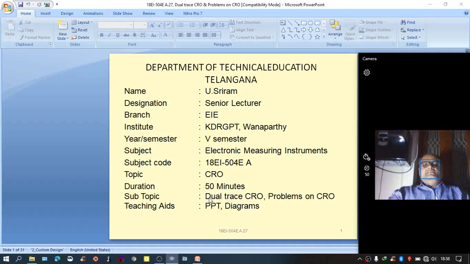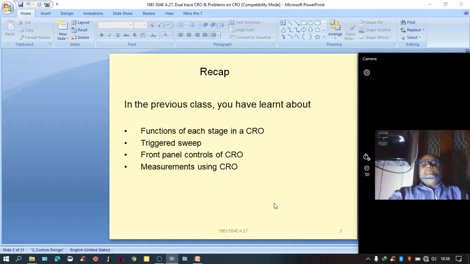In today's class, I will explain about dual trace CRO and we will try to solve some simple problems on CRO. But before going to the present topic, let us try to recollect what we have studied in the previous class.